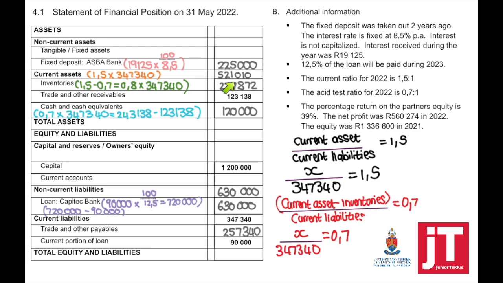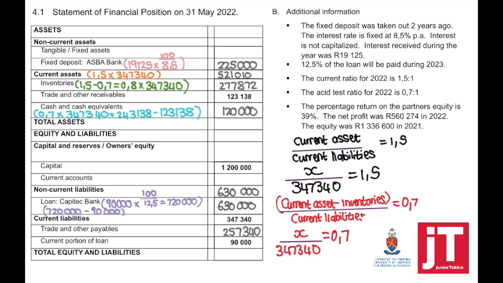So if we've got the current assets and we've got the inventories, then cash and cash equivalent can become the balancing figure. If you chose to solve the current assets and then your cash and cash equivalents, then inventories becomes the balancing figure. So take note of the different options that you've got.